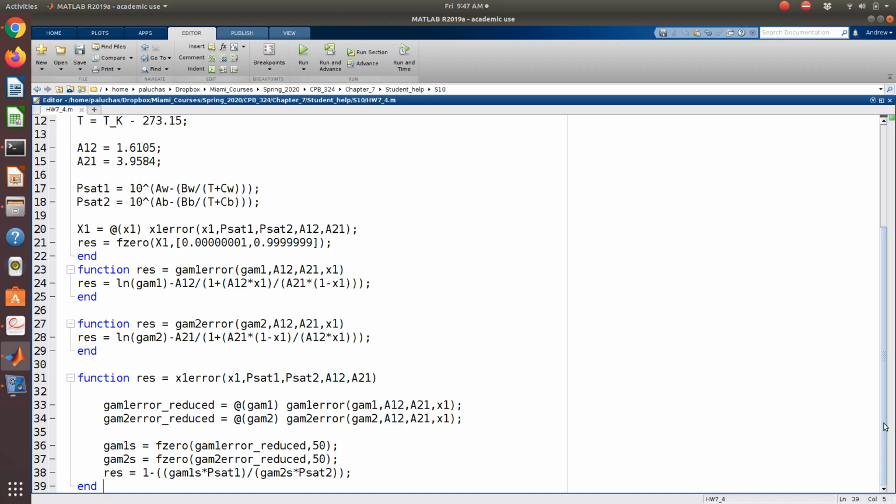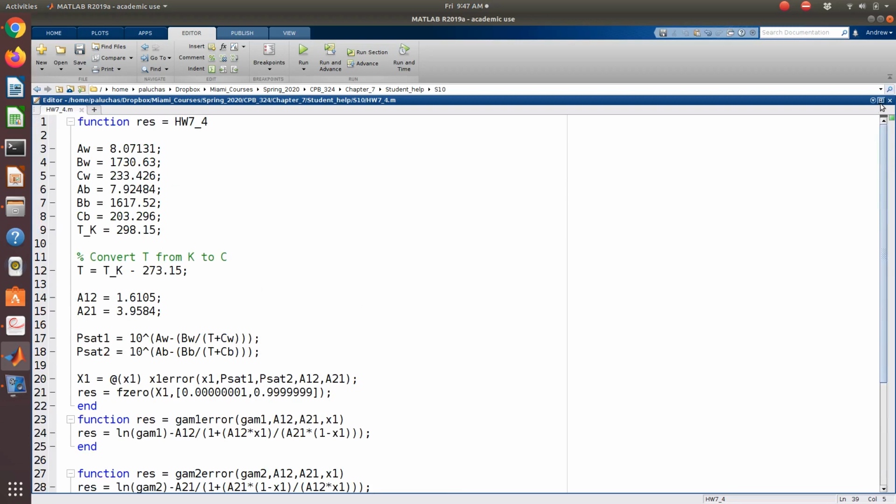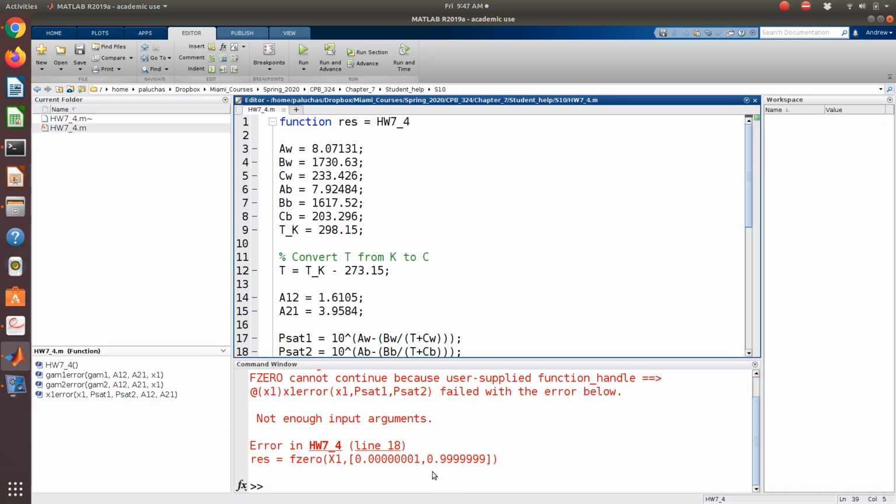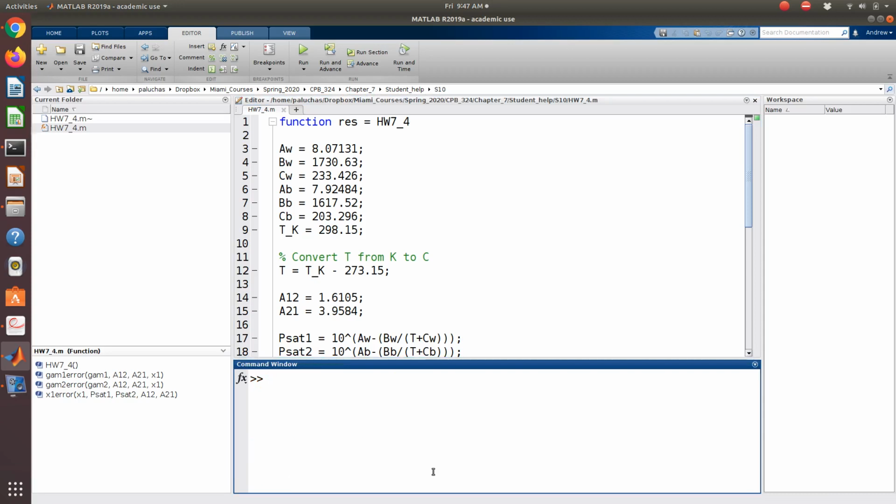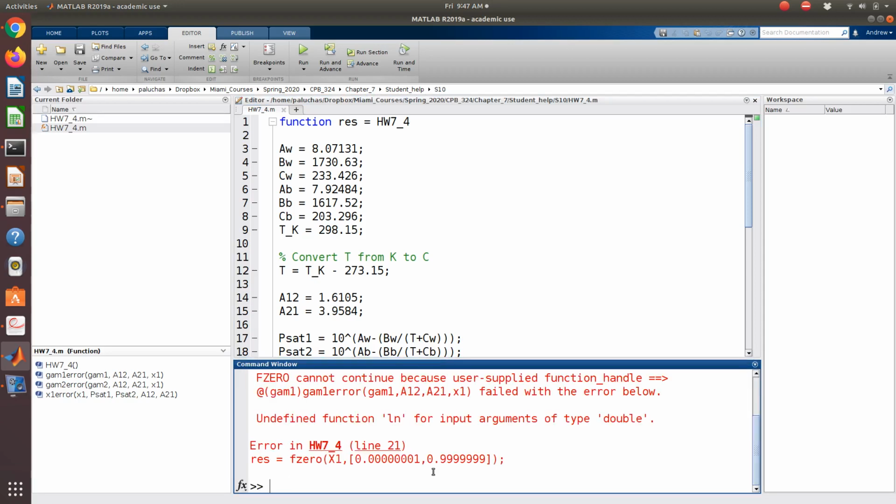All right, so let's give it a try. Okay, so let's try homework 7-4. Okay, so it looks like I still have an error message. What's this?